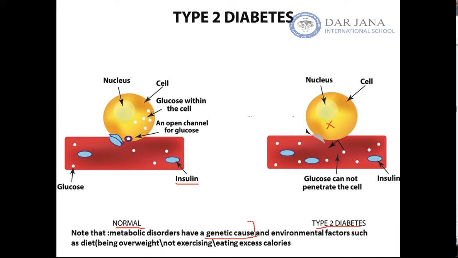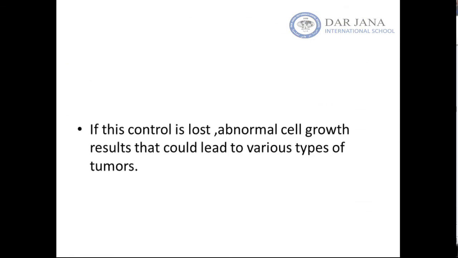You know, diabetes runs in families, so it has a genetic cause. It also has environmental factors such as diet, being overweight, not exercising, eating excess calories. All this can lead to having this type of diabetes.